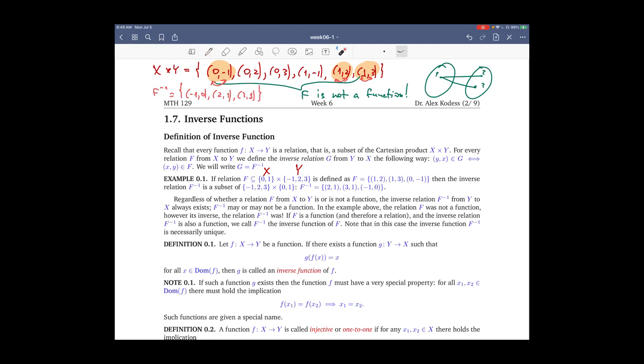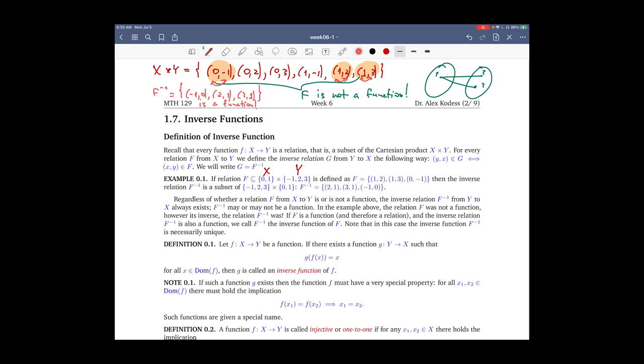Surprisingly, this new relation F to the negative 1 is a function, despite two pairs, (2, 1) and (3, 1), sharing the same second coordinate. Sharing the same second coordinate is perfectly fine. It simply means that the value of our function at 2 is 1, and the value of our function at 3 is 1. That's perfectly fine. So f inverse in this case is a function, even though f was not.